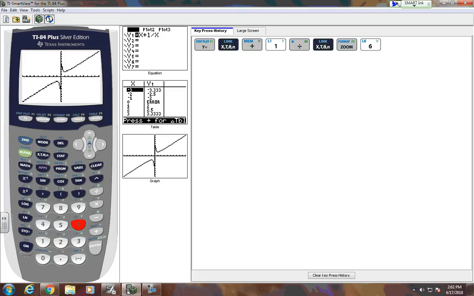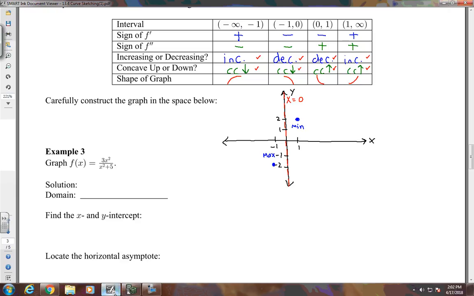Okay, so notice we have increasing concave down, then we have decreasing concave down. On the other side, we have decreasing concave up, increasing concave up. Okay, so all of that lines up with the information that we discovered in our table.